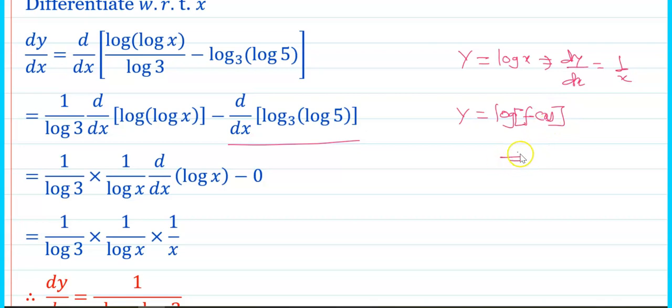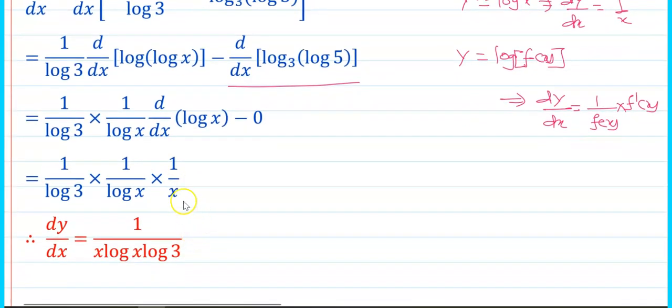Then its derivative dy by dx is equal to 1 upon f of x into the derivative of f of x, that is f dash of x. Means what? 1 upon log of x into the derivative of log of x, which is 1 upon x.